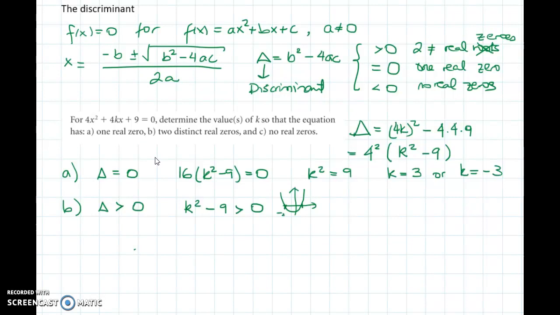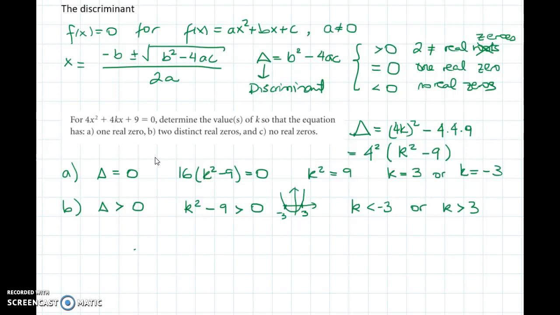We have the value negative 3 as one of the x-intercepts, and the value 3 as the other intercept. If you look at k squared minus 9 as a quadratic function of k, and we want it to be positive, that's going to happen when k is less than negative 3, or when k is greater than 3.